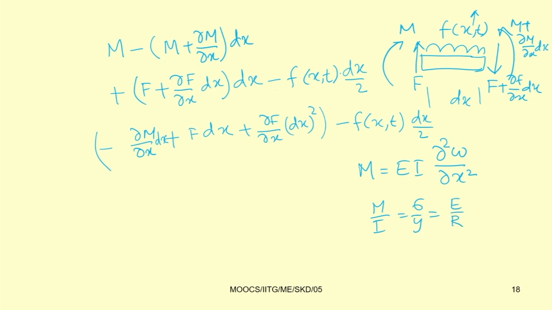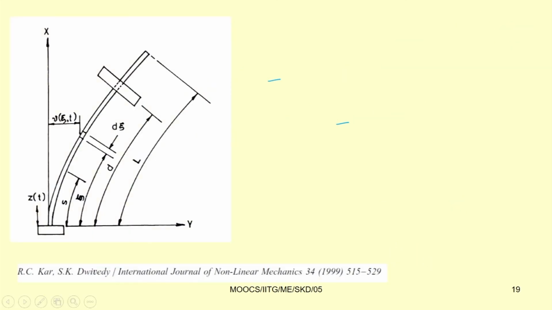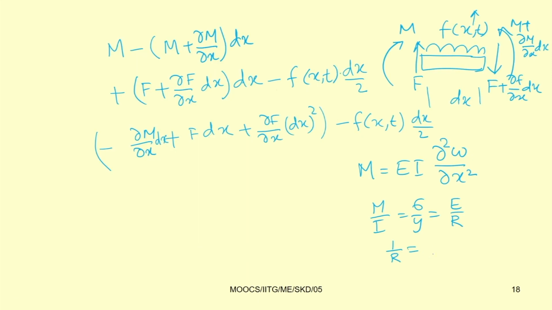So, for a linear system, this 1 by r, the curvature, you can take equal to del square w by del x square.